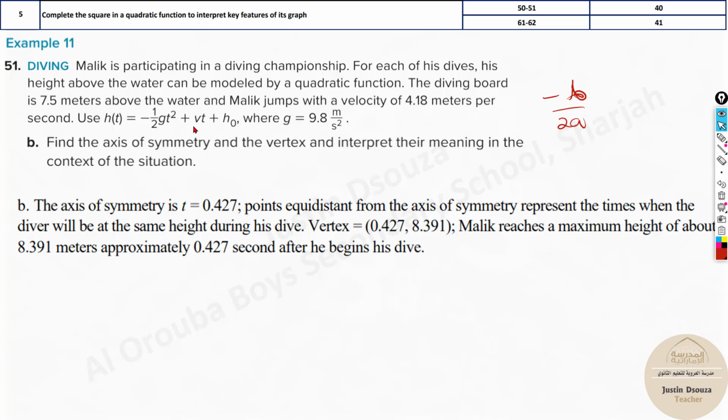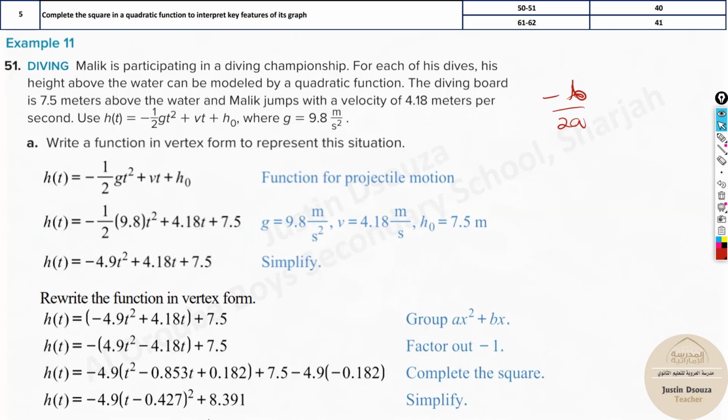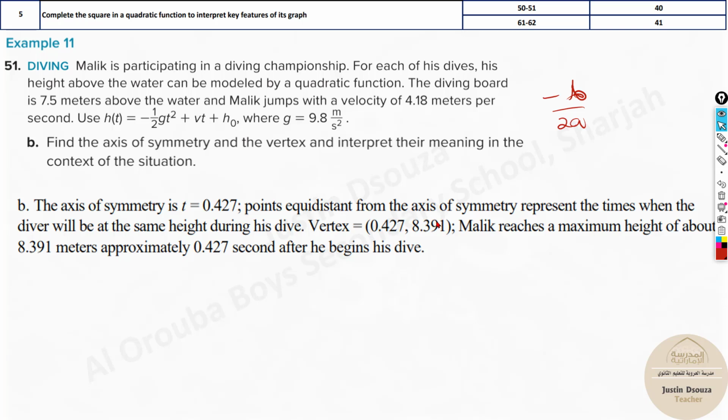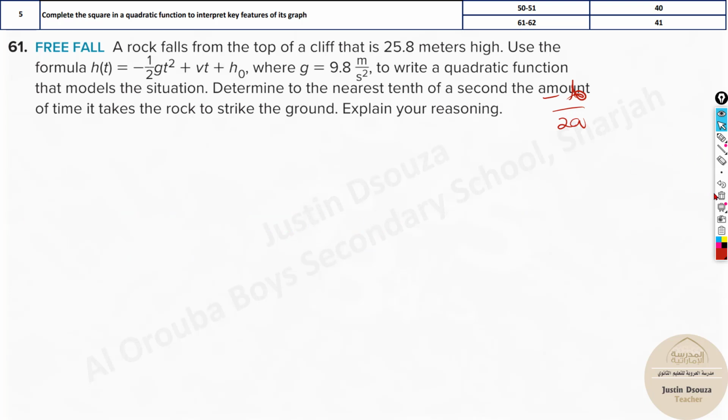If you substitute this, what do you get? The y value. Or you can see here in the vertex form, this is the x-coordinate of the vertex, then the y value of the vertex. So the vertex is given over here. And we know the importance of this axis of symmetry. It cuts the parabola into 2 equal halves. That's the main thing.